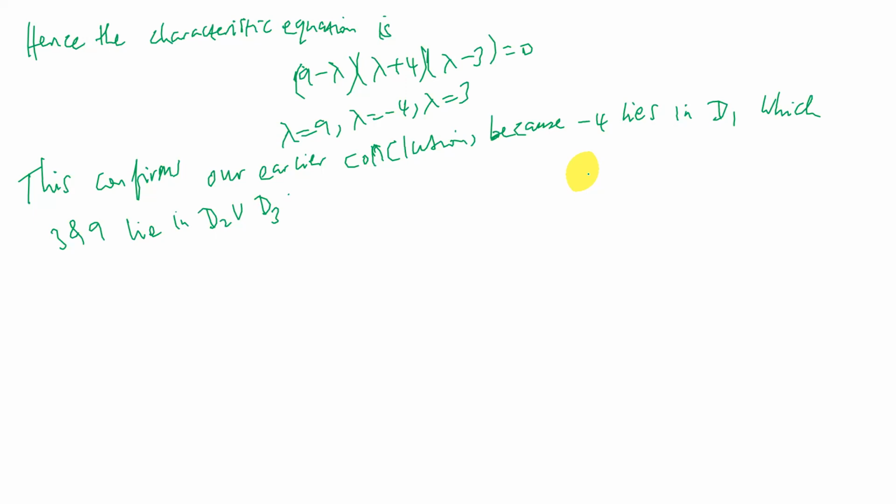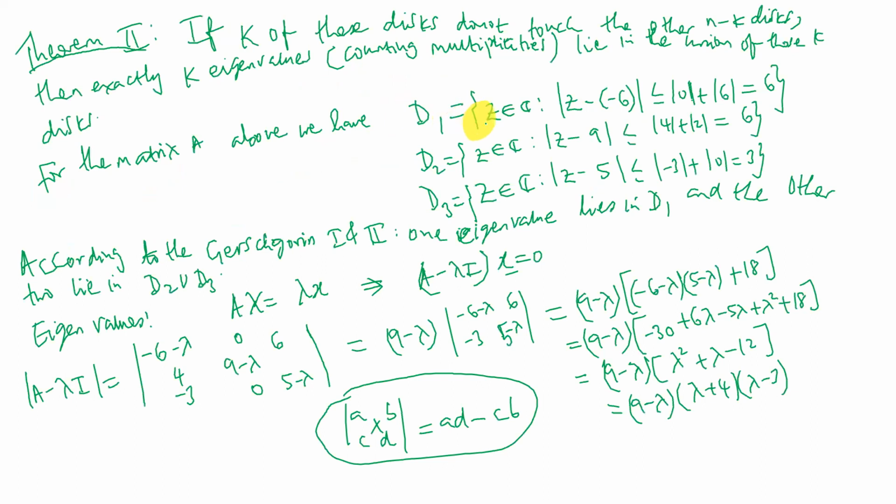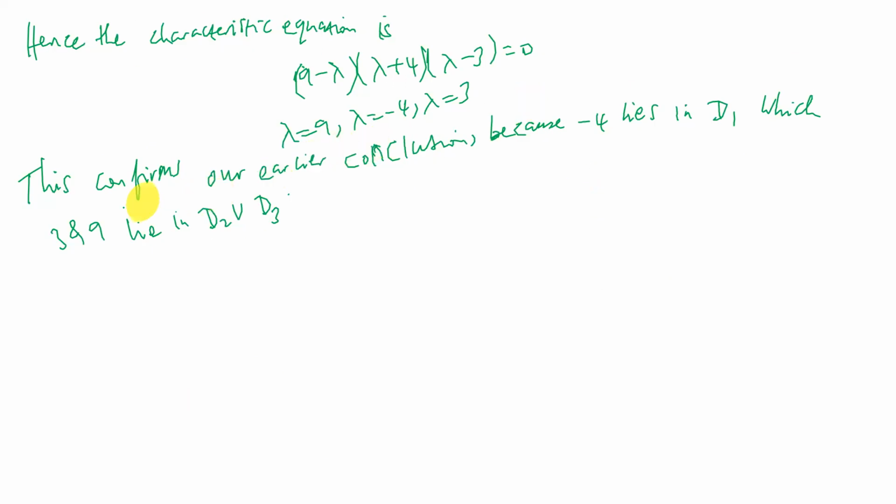Lambda equals minus 4 is a real number, and therefore it is at x equal to minus 4. And we argue that it lies in disk 1. And then we have the others. Let's look at the geometry of this.